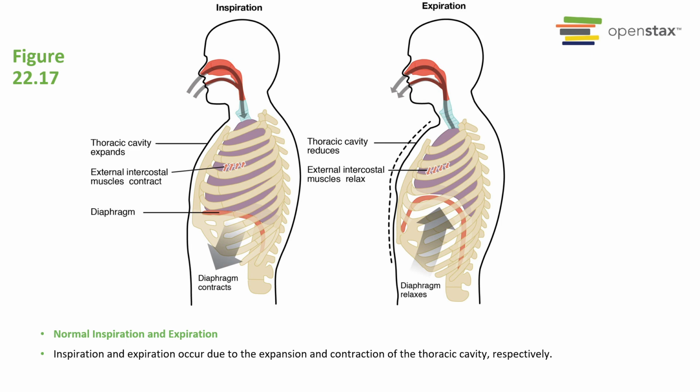The compliance: our tissues can be compliant in that the lungs have an ability to stretch, and that is going to help determine the ease in which we take in air, so the ease of inspiration. There's also elastic recoil, and that also exists within our tissues.